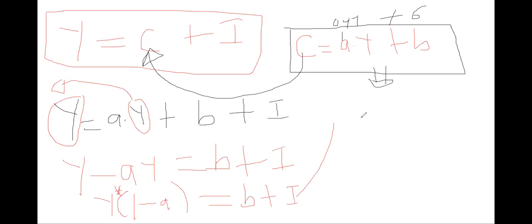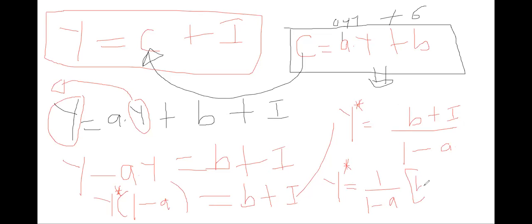We divide both sides by 1 minus a. So here our equilibrium national income will be what? b plus investment all over 1 minus a. But equally, we can also say our national income equals 1 over 1 minus a, then we have b plus investment.